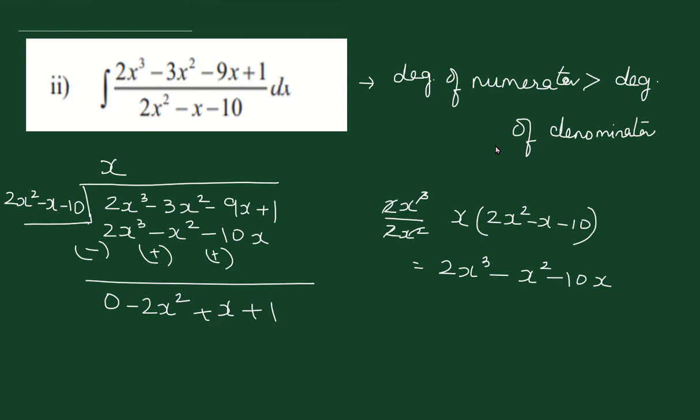Okay. Next step, again the same thing. The first term, that is minus 2x square, is divided by 2x square of the divisor. Okay. So, we are going to get minus 1 over here. So, it becomes x minus 1. Okay.